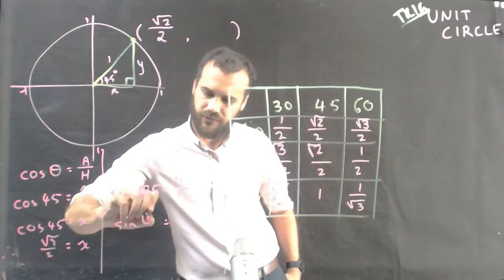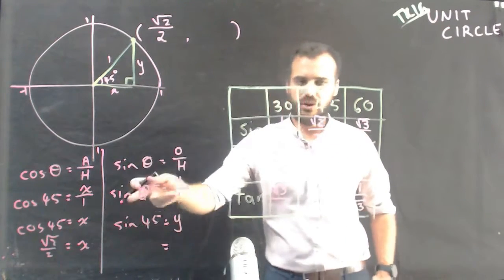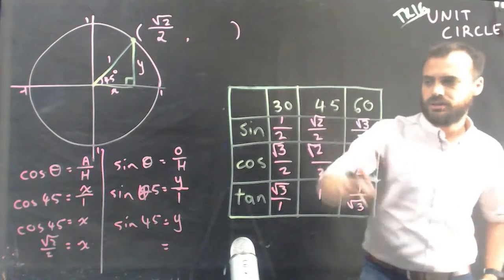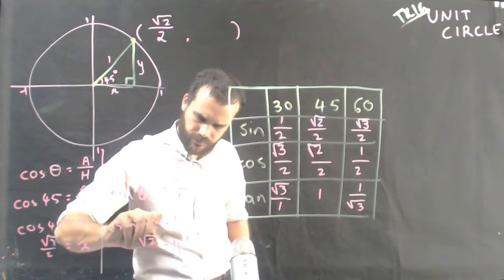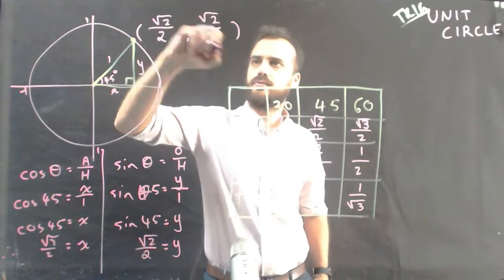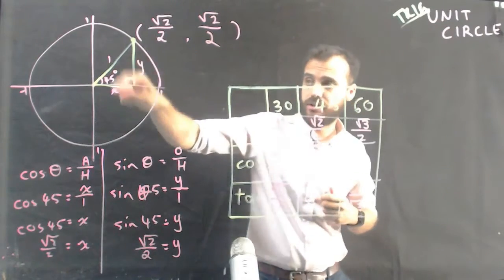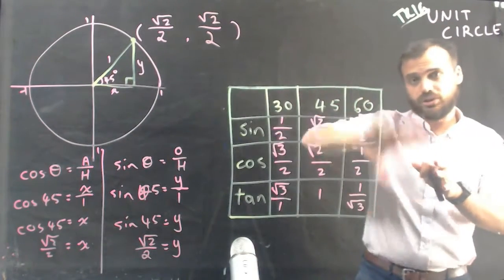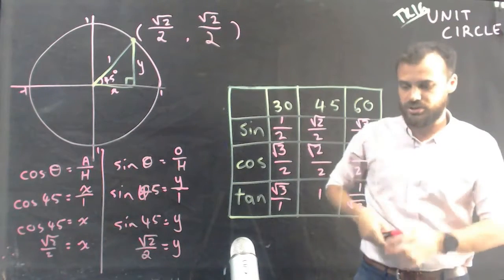Therefore, sine 45 is equal to y. And we already know that sine 45 is root 2 on 2. Awesome.